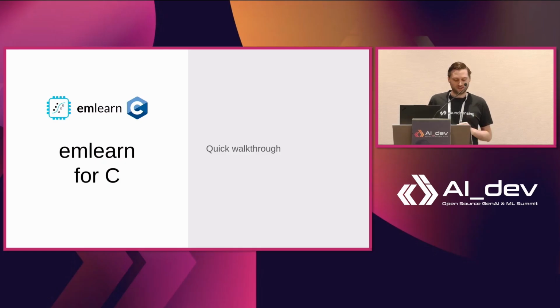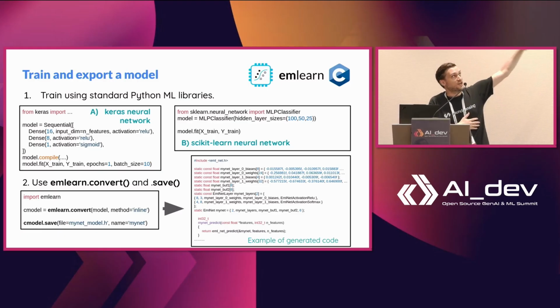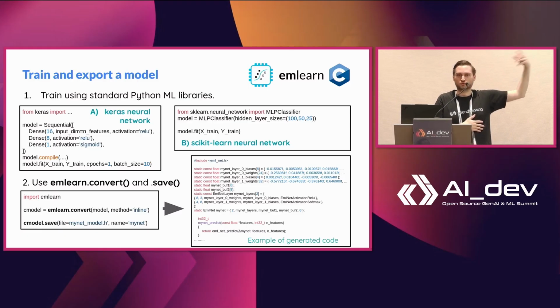So I'll show you quickly the C library, how you would use that. As I mentioned, you would train using your standard machine learning tools, your standard pipelines. Here's just a snippet showing a piece of the training with Keras. There's, of course, a data loading loop and all the usual stuff around it.